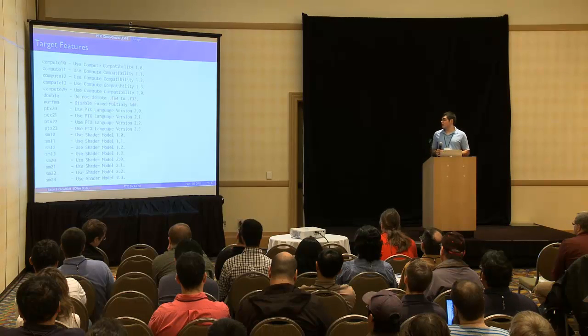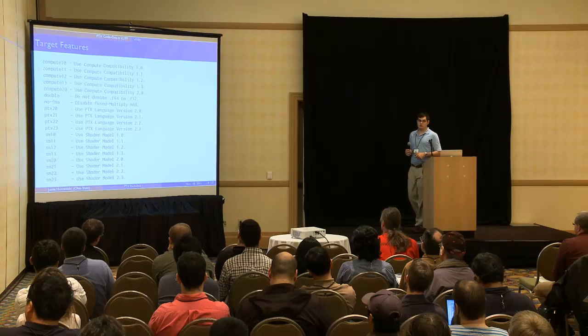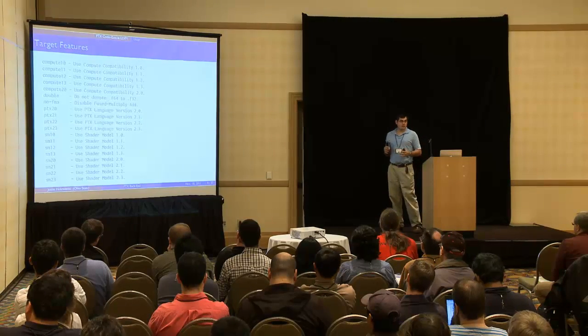However, if you have a newer card, you can go ahead and use doubles directly, so we have an option to get rid of the automatic demotion from double to float. You also have a way to disable some of the optimizations we do, such as we can fuse multiply add instructions, but depending on your kernel and what you actually want to achieve, that might not be what you want. So of course you can disable things like that. And you can also target specific PTX versions.